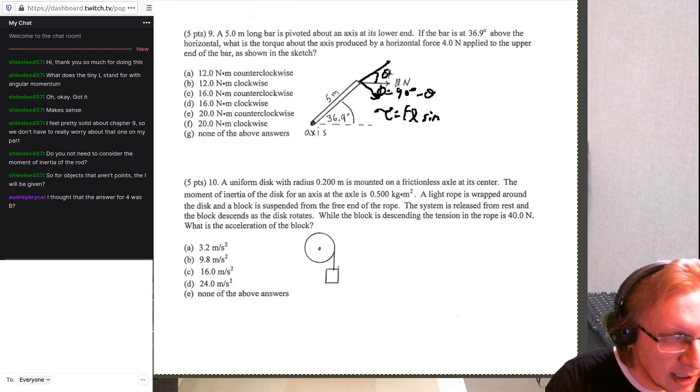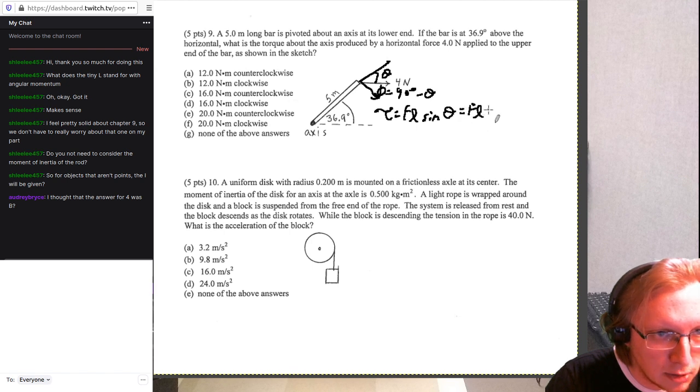And this one would be 90. Yeah, 90 there, 0 there. And so then I would want sine of theta, or FL cosine of phi.